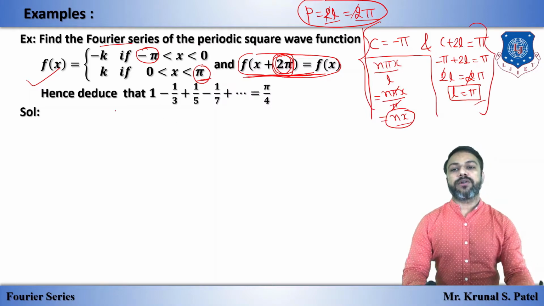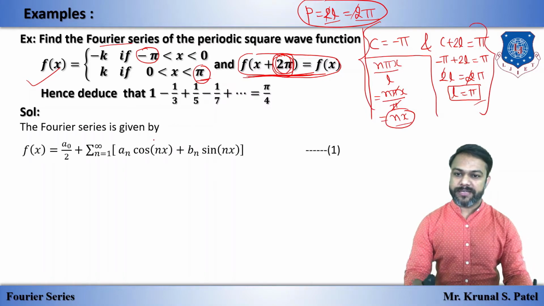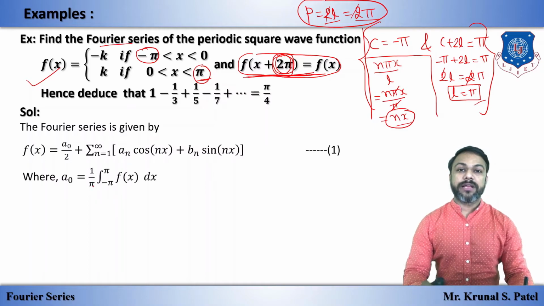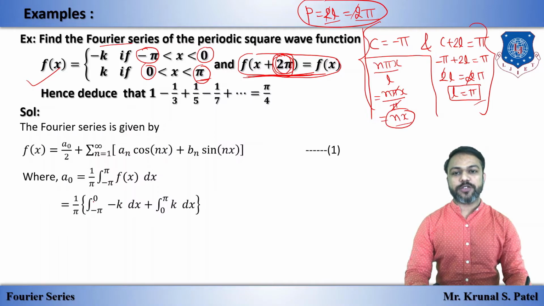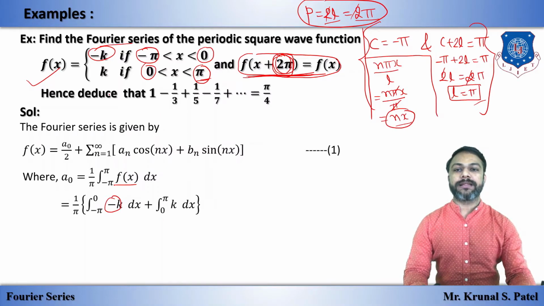Now the Fourier series is given by, as we have discussed, start with a0. The full interval is minus pi to pi, but we will split this interval at the discontinuity point 0. So we have two partitions: first the integration from minus pi to 0, where f of x is minus k, and second from 0 to pi, where f of x is k.